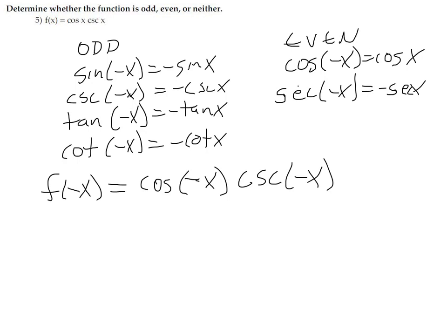Alright, now this first one, cosine, is even, and so that just reduces to cosine x. Secant is odd, so that one, I'm going to use a parenthesis, you can pull the negative out. So we can pull a full negative out.